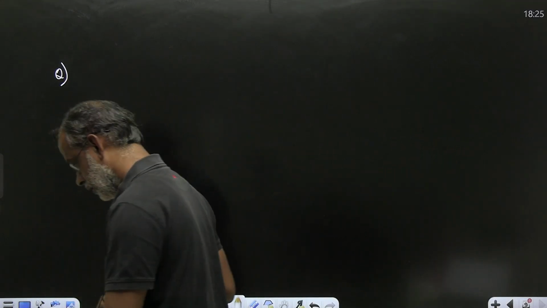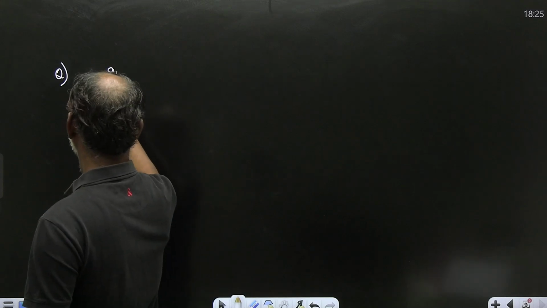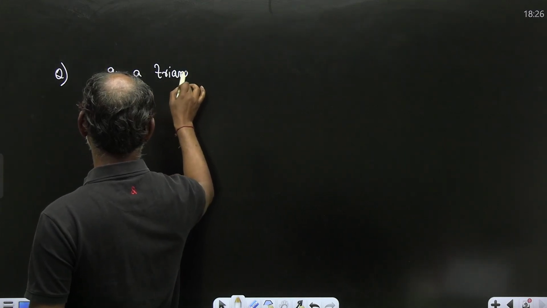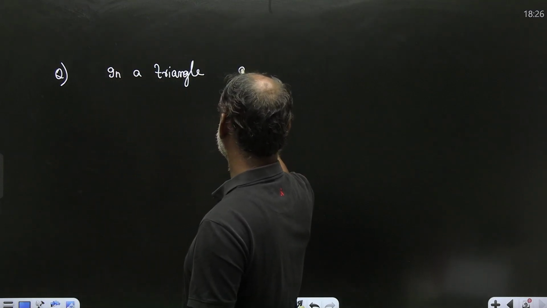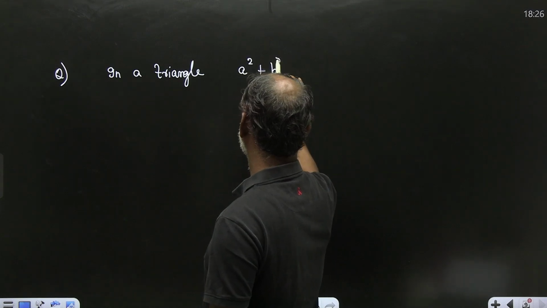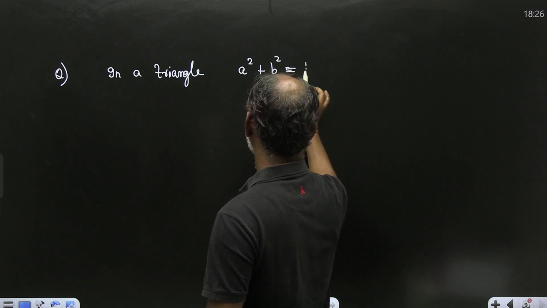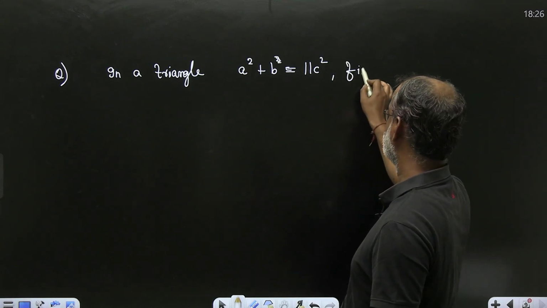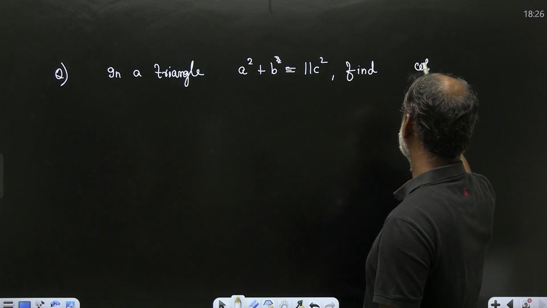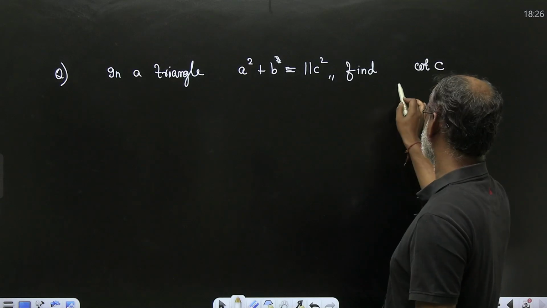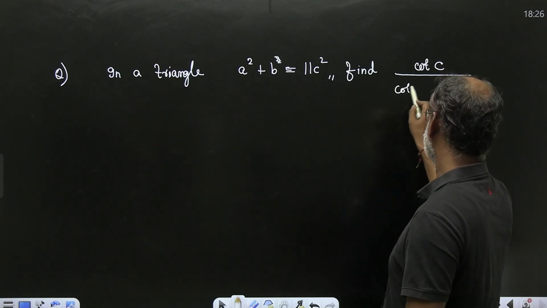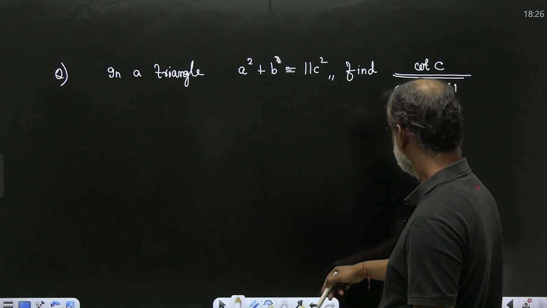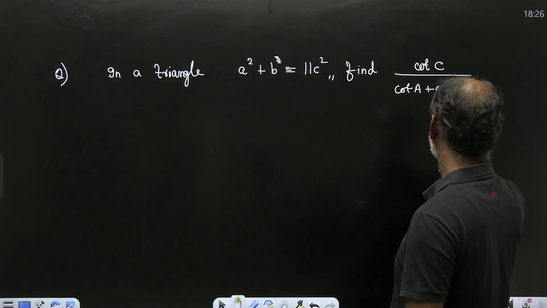See, in a triangle, a square plus b square is 11c square. Find cot C upon cot A plus cot B.